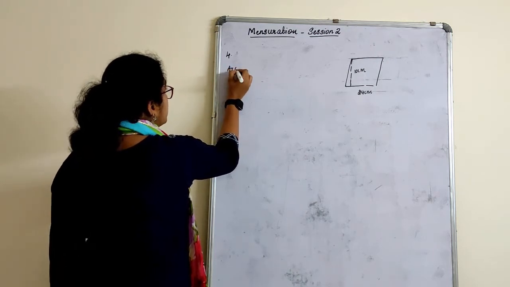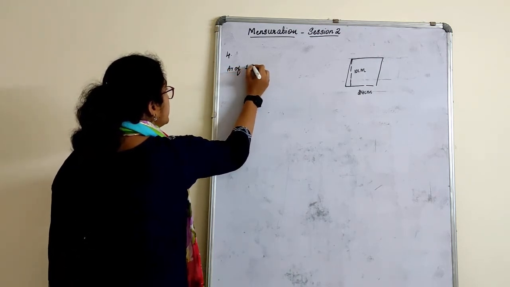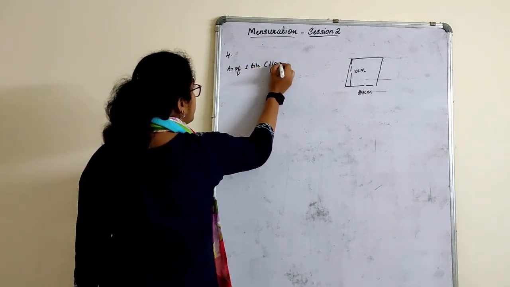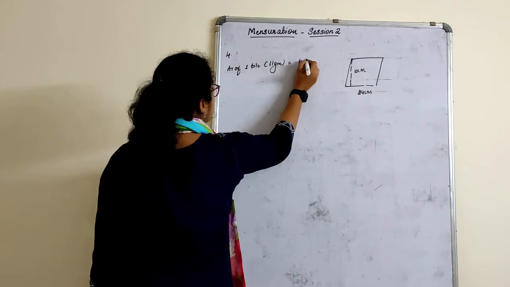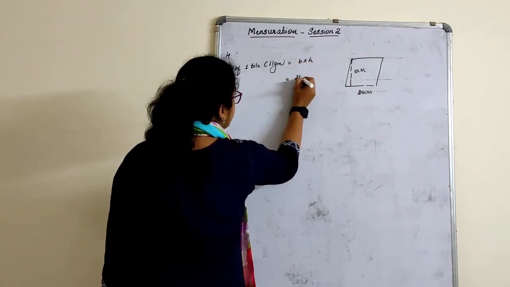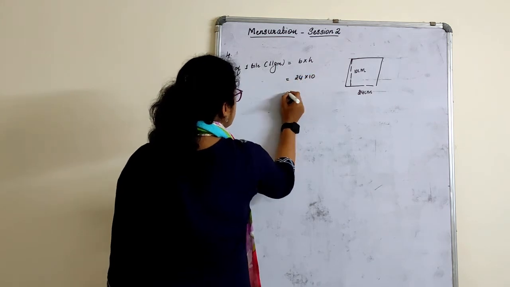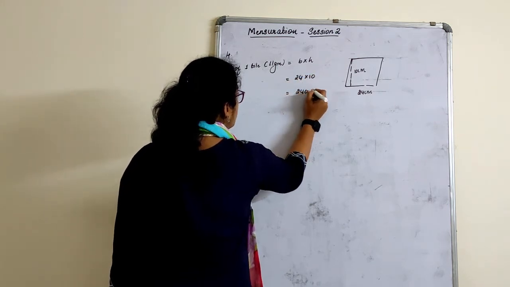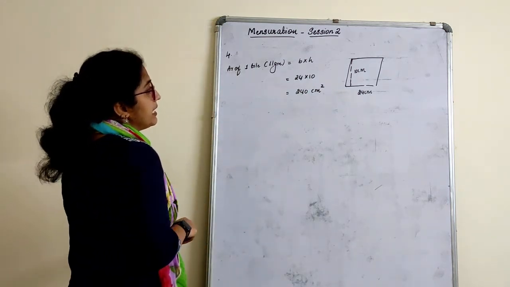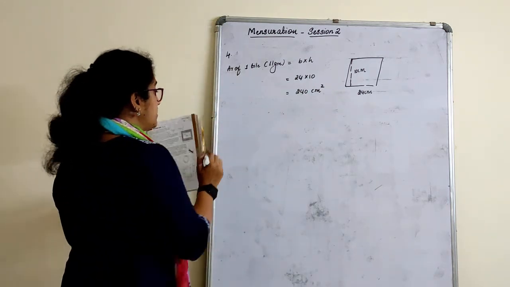So area of one tile, in bracket, I will write parallelogram. What's the formula? Base into height. So it is nothing but 24 into 10, that is 240 centimeter square. Area of one tile is 240 centimeter square.